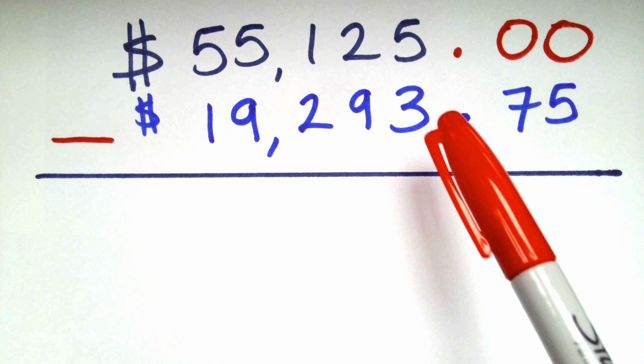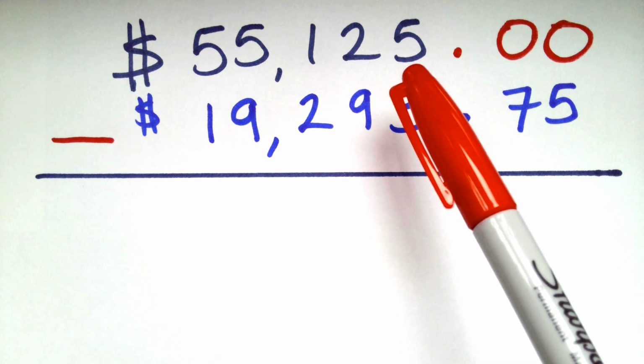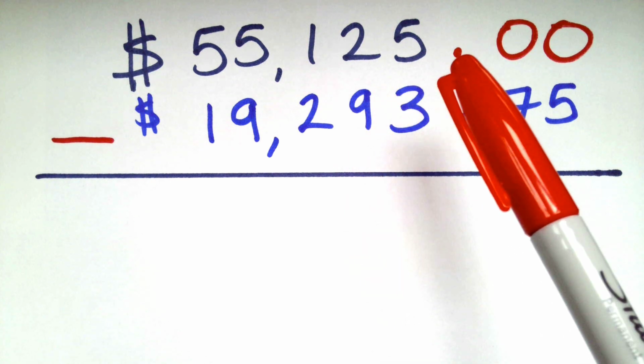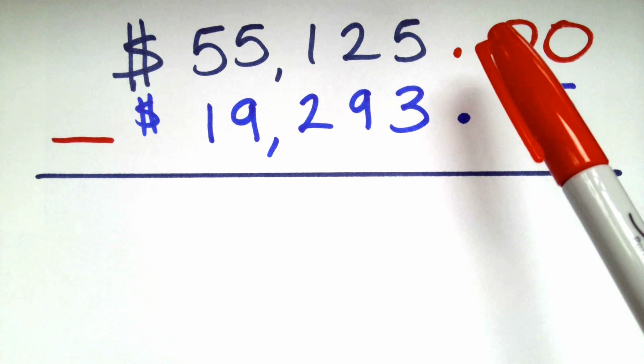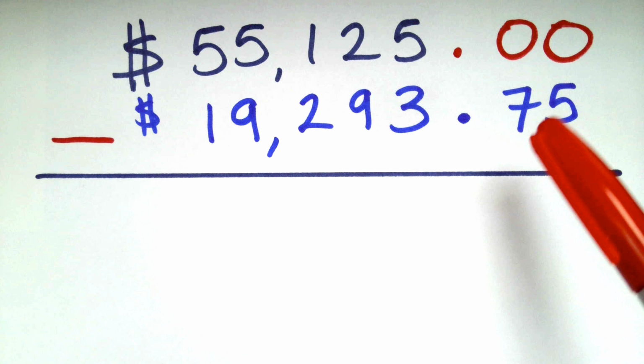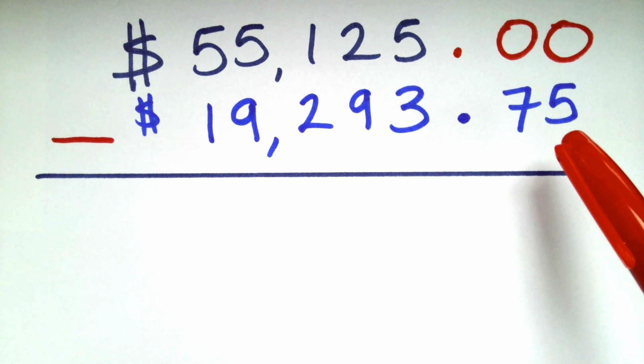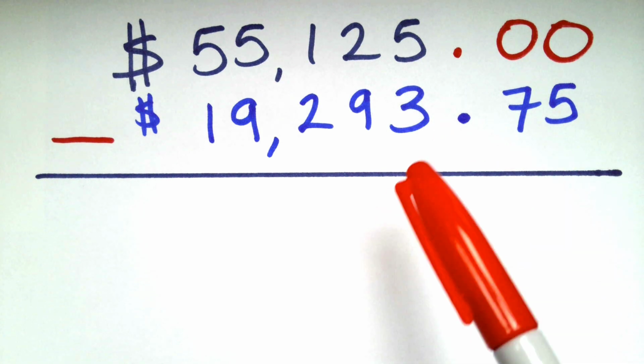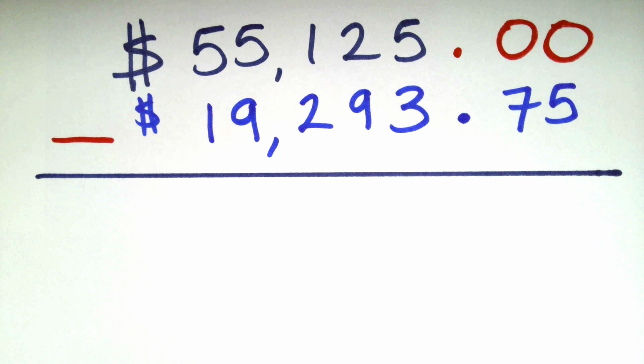So I'm going to have to borrow from the 5, which will become a 4. That'll create a 10 over here. I'll have to borrow from the 10, which will become a 9. And then that will make this 0 a 10. Then I can subtract 5 and 7 and 3. Let's take a look. What does that look like?